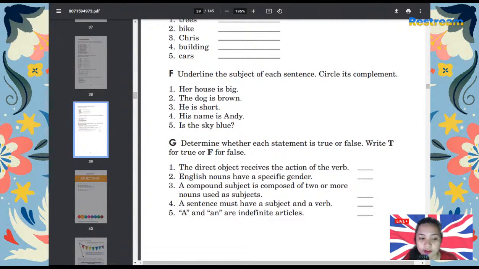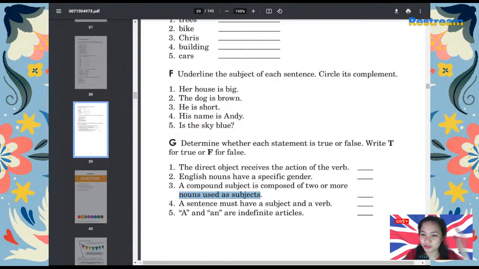Okay, so number 3, a compound subject is composed of two or more nouns used as subject. Is this true or false? Compound subject is composed of two or more nouns. Is that true or false?